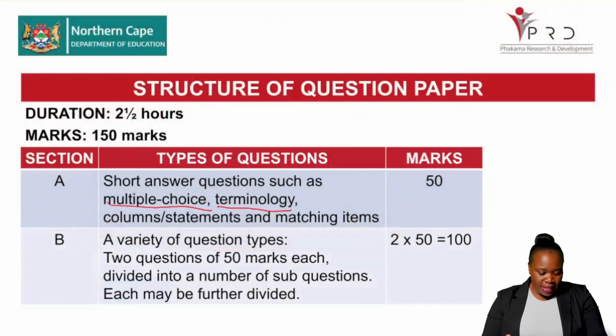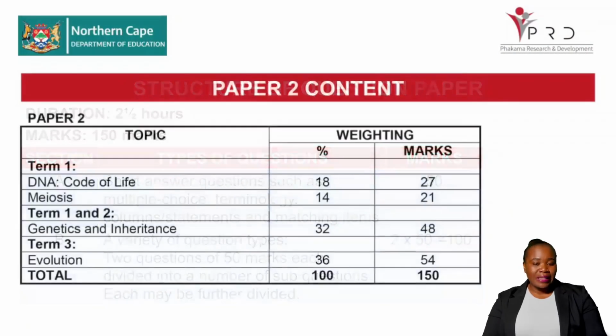And then in section B, we have question 2 and question 3. Question 2 and question 3 both have long questions. So here you're going to be finding your drawing questions, your graphs, your investigation questions, right? Each question is worth 50 marks, and that would be a total of 100 marks, and then the grand total for your paper will be 150 marks.